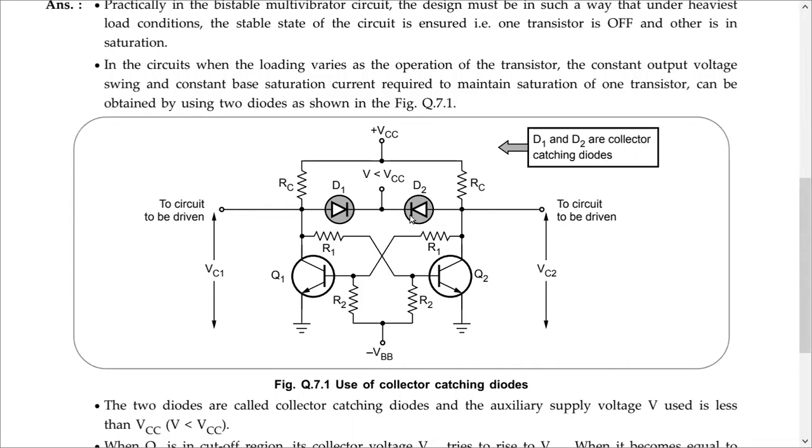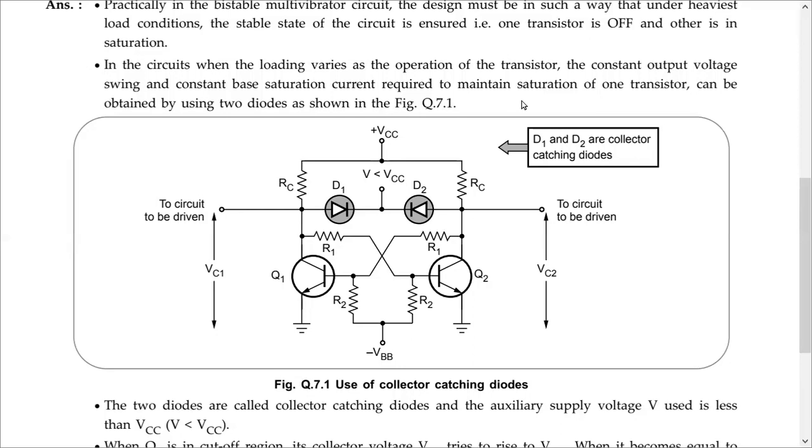Again, we have a symmetrical structure, so it is very easy to remember. At the junction of the two diodes we connect a voltage V, and care should be taken that this voltage V is less than VCC.